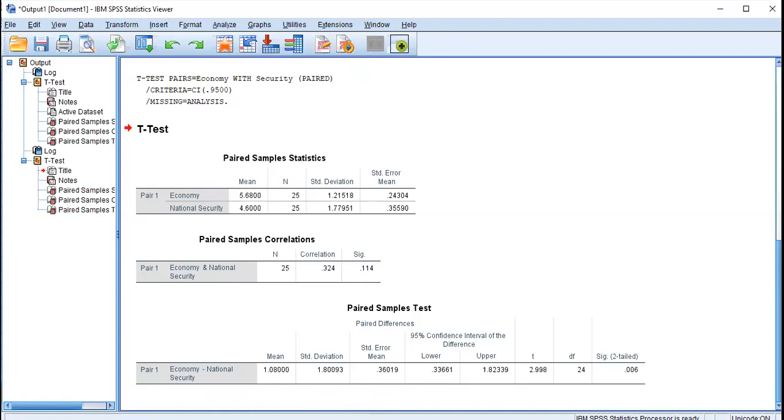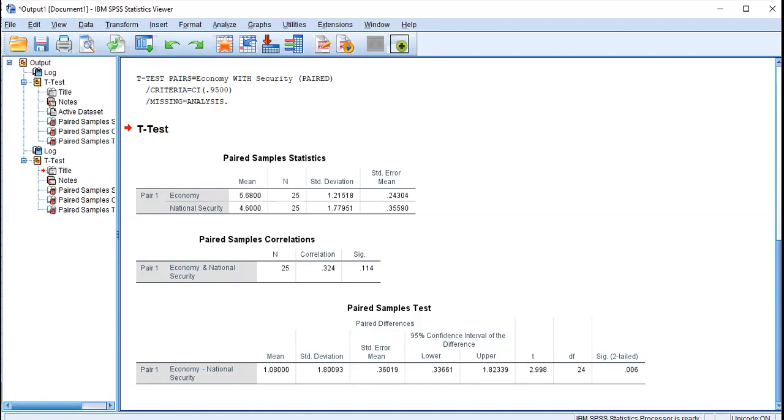Effect size is given by small d. Small d is equal to the mean difference of the two variables divided by the standard deviation of the two variables. And here, you are dividing 1.08 by 1.8, and the answer comes to 0.6. One more thing, the t value is 2.998.